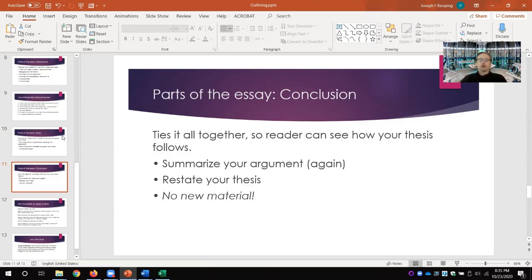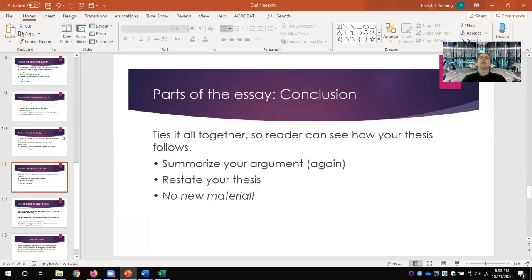It might not be possible for your reader to synthesize all of that information, or to see how all of that fits together and leads to your thesis. So in the conclusion, you sum up what you've said in order to make the connections between the points clear, and to show how, when you put these points together, your thesis, the thing that you're arguing for, is what follows. That is the purpose of the conclusion.